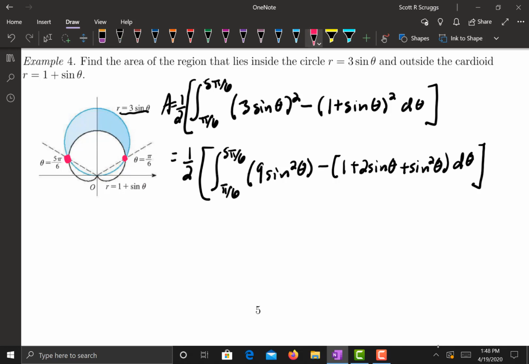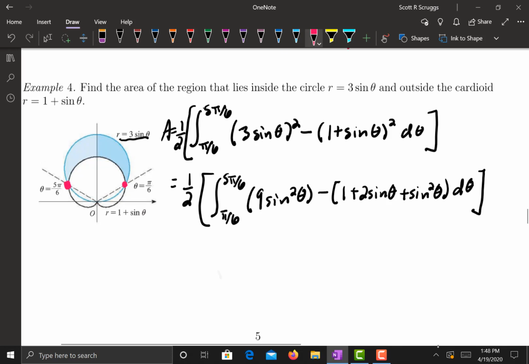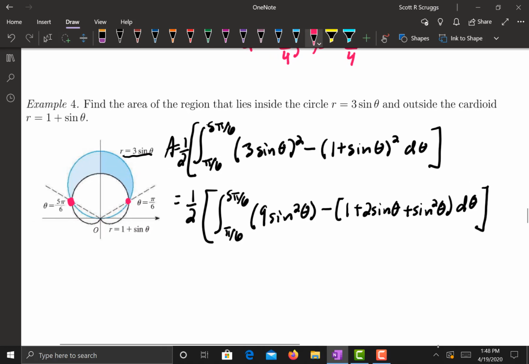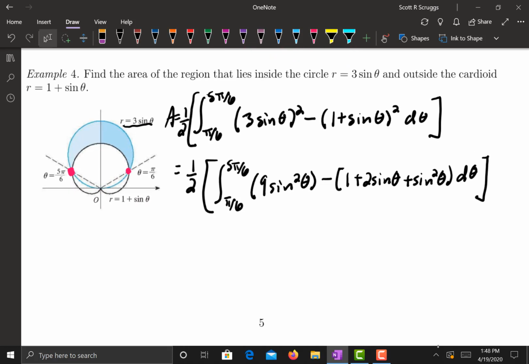However, I claim that we also have symmetry here, and here's why. If you look at the graph, note that if I split that vertically in half, my region is a mirror image of each other. So I have a vertical symmetry.